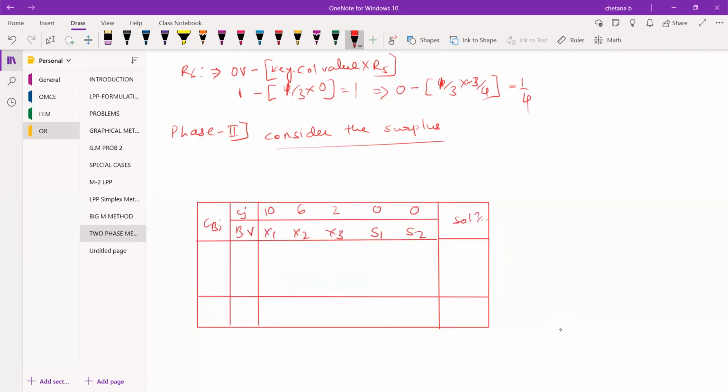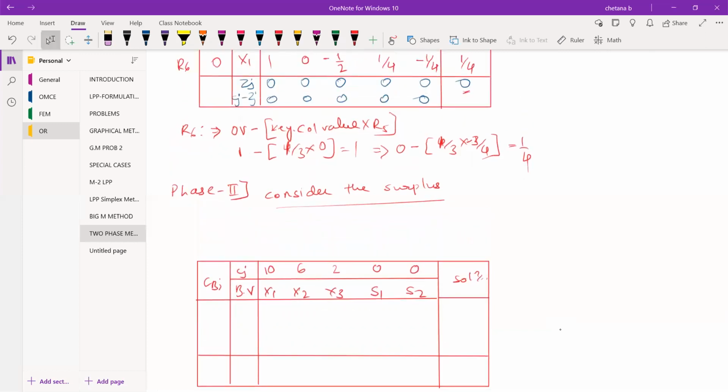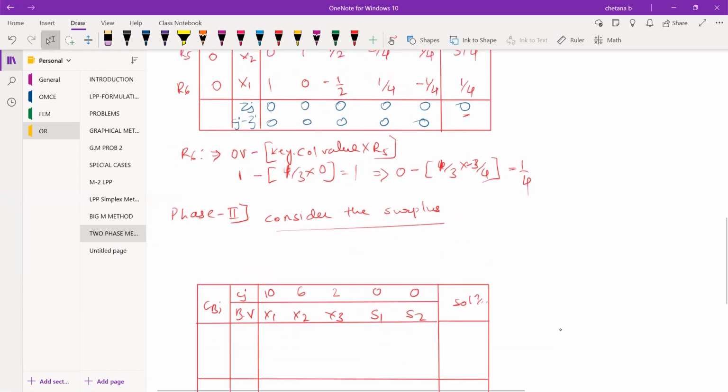Coming to this picture, in the basic variables and the a1s, you need to make use of this table.